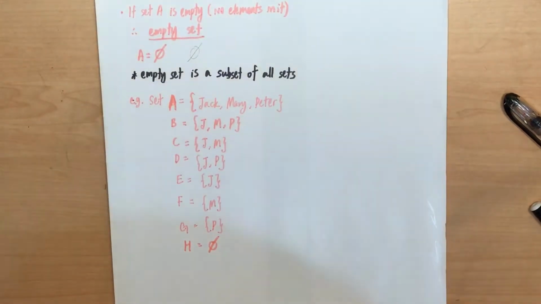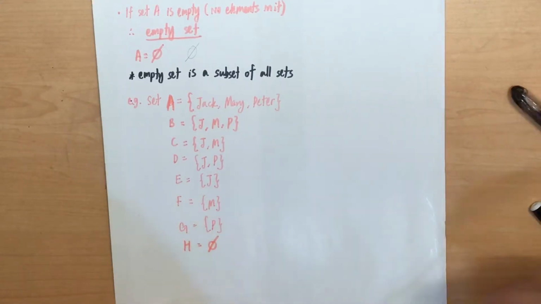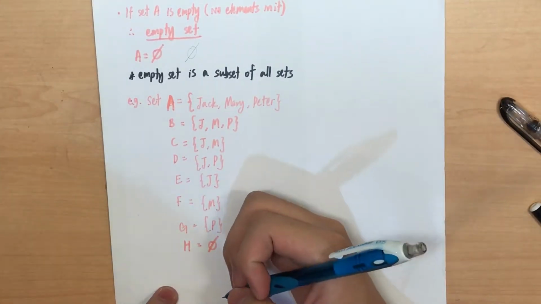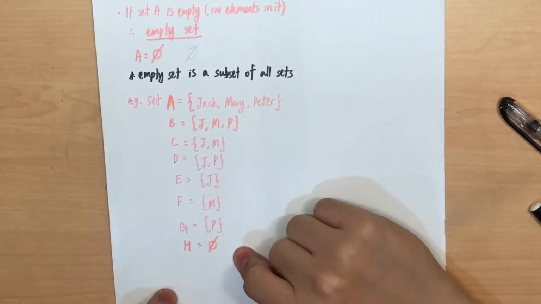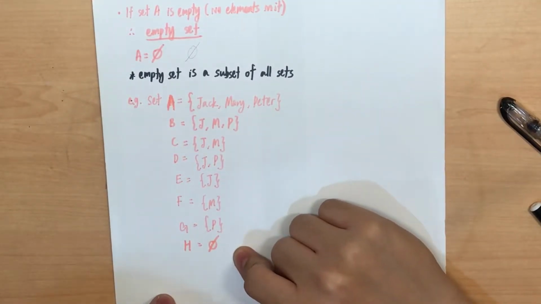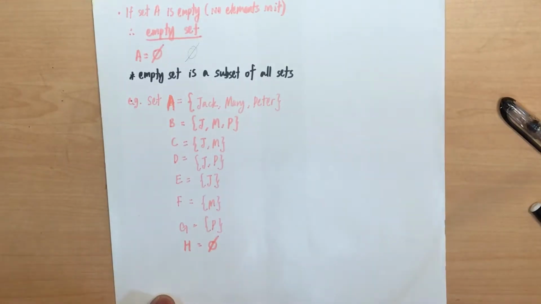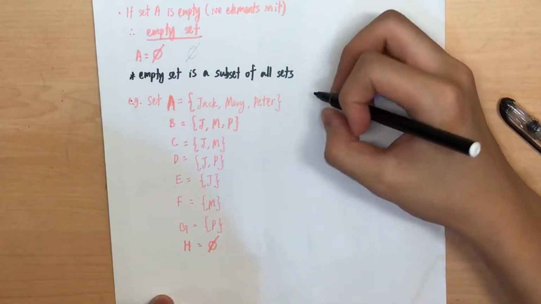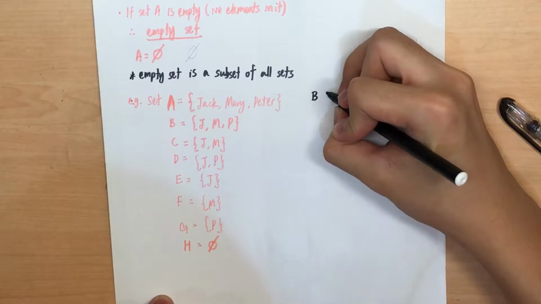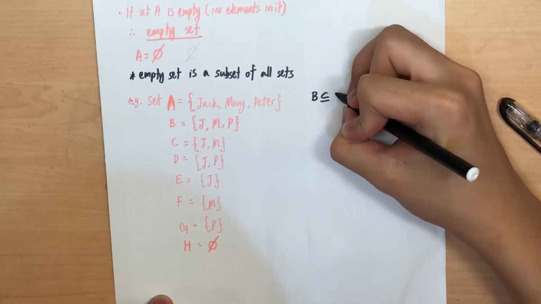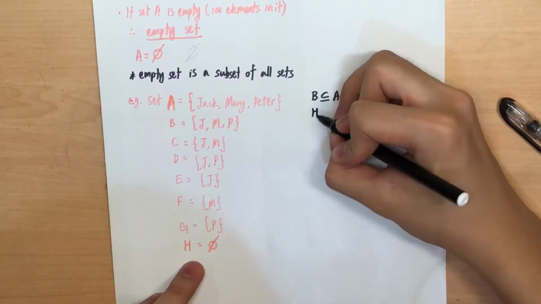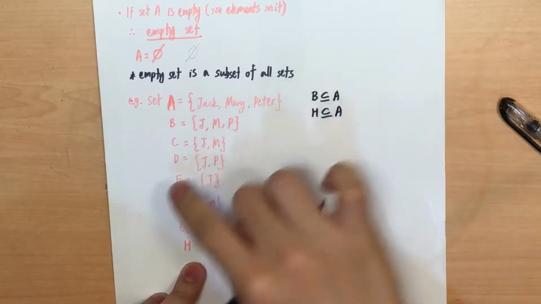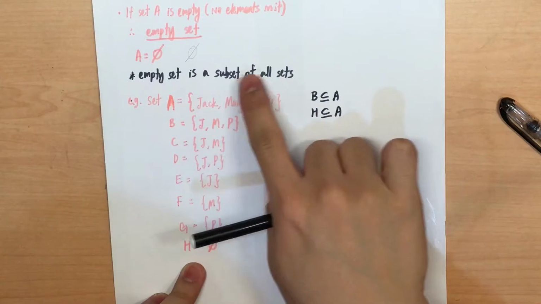So take note that set B and set H are considered subsets of A. So we can say that B is a subset of A, and H is a subset of A because the empty set is a subset of all sets.